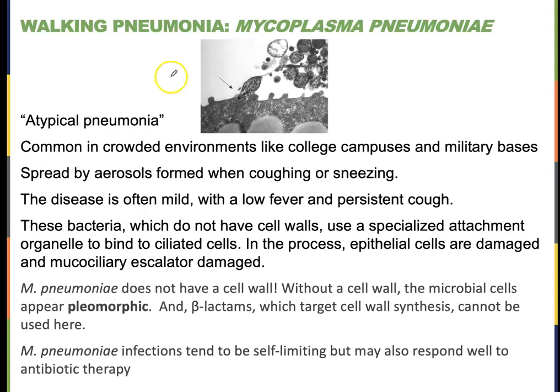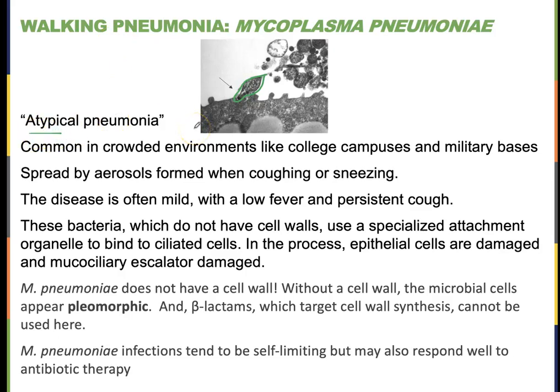The last one is something called walking pneumonia. This bacteria is called Mycoplasma pneumoniae. Mycoplasmas are weird. They have a really strange shape, with a pointed end, and this pointed end is what sticks to the cells of your body. Walking pneumonia is also called atypical pneumonia, and it's not as severe.